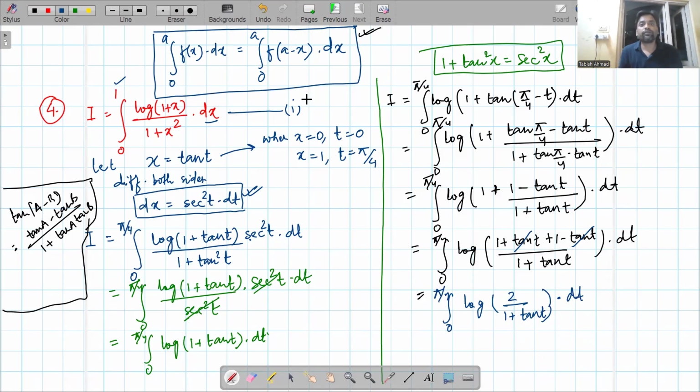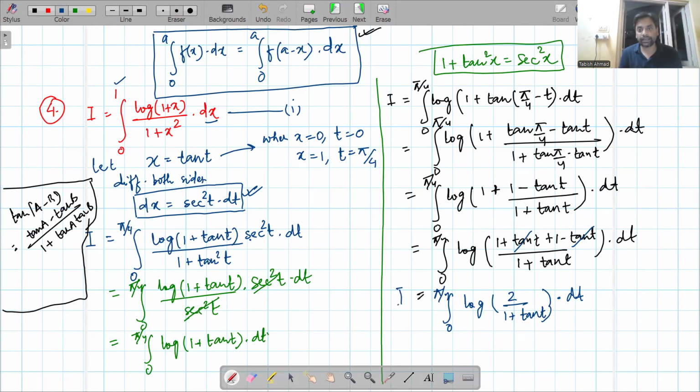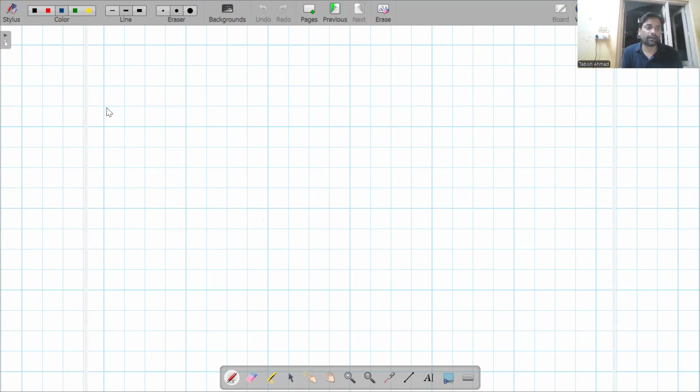From here, if you go to the next page, so this is the next page here. What we were having in the previous page, you see that I was the integral from 0 to pi by 4 of log 2 over 1 plus tan t. So it became I is equal to the integral from 0 to pi by 4 of log 2 over 1 plus tan t, dt.